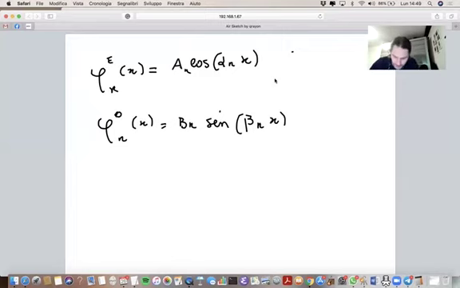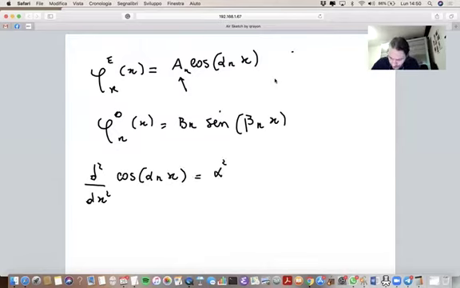In particular, let's look at the even solutions. For the even solution to work, we were looking at the second derivative with respect to x squared. We can neglect the overall constant because in the equation it is cancelled. We'll discuss later how to determine this overall constant. So we knew that when you apply the second derivative to a cosine, this would become alpha k squared cosine of alpha k x with a negative in front.